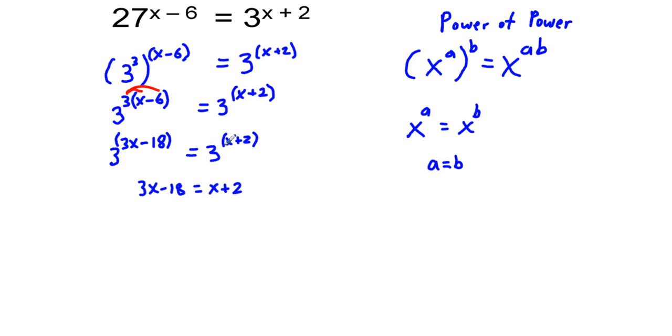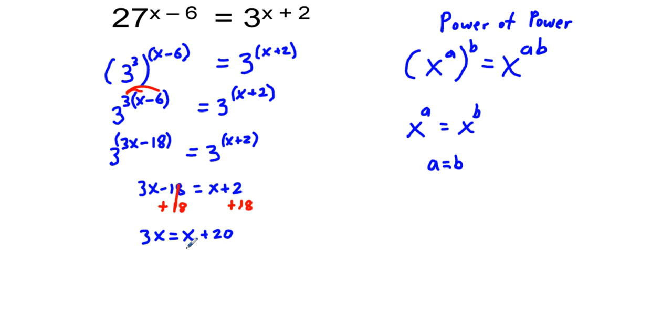I'm going to keep the unknowns on the left side of the equation, so I add 18 on the left side and 18 on the right side. Now on the left side we have remaining 3x equals x, and then 2 plus 18 is going to be plus 20.